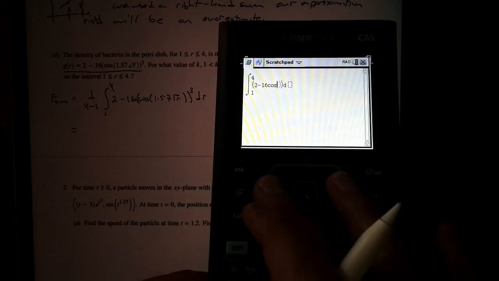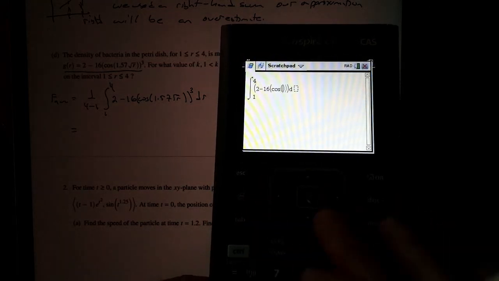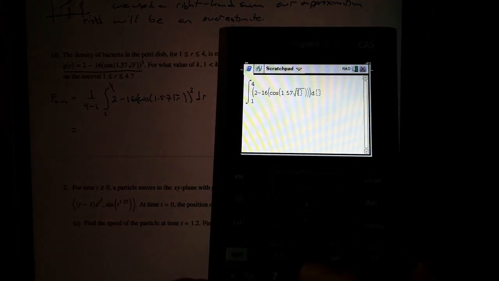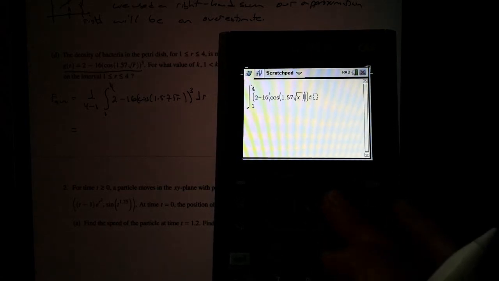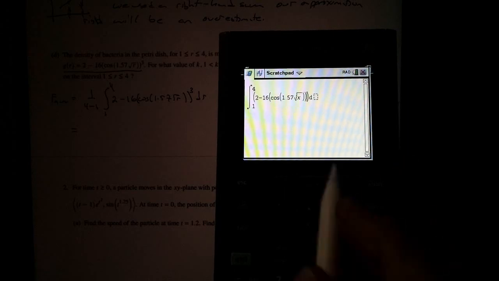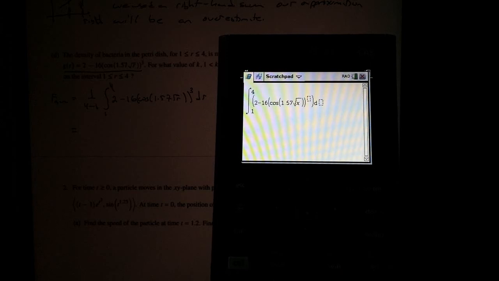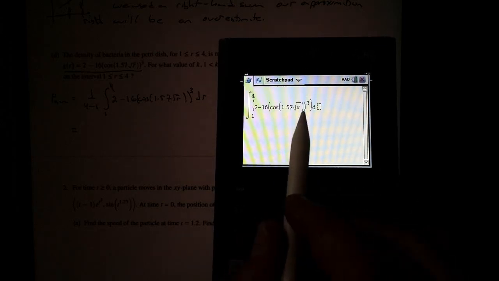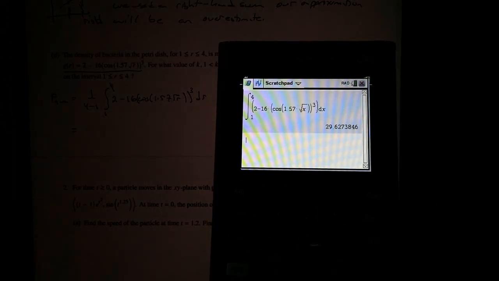All right, now I need that cosine in another parenthesis too. That's how crazy this one is. Cosine 1.57, the square root of x. All right, go out here. That's going to close my inside. And let's see here, I am going to cube this. So make sure I got this right. Closes that one, closes that. dx. Press enter. It's ugly.